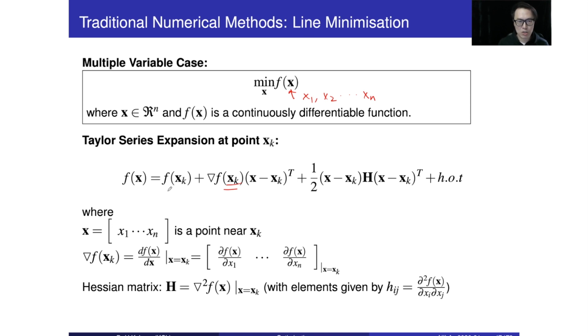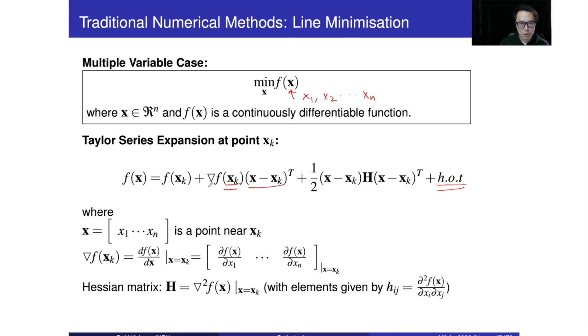In high dimension we have a similar structure, but the only difference is that in the second term, as well as all the differences, x minus x_k becomes a vector. So we will have this approximation plus the high order term. We are going to do the same thing: ignore this high order term and then set df/dx to 0 in order to develop the update rule for x.